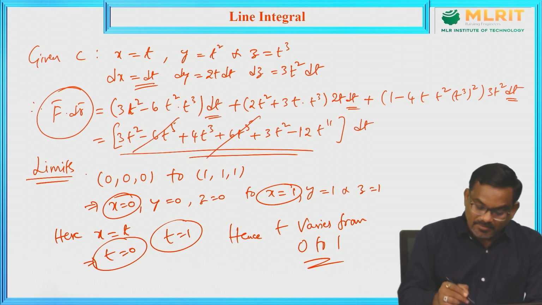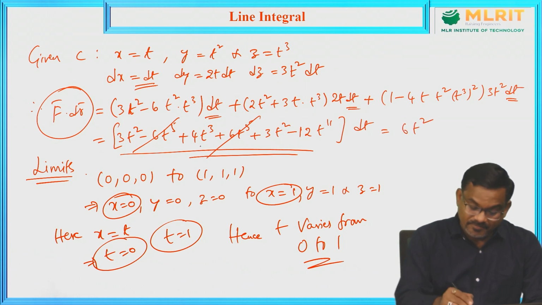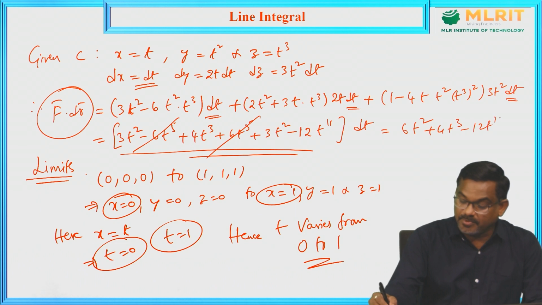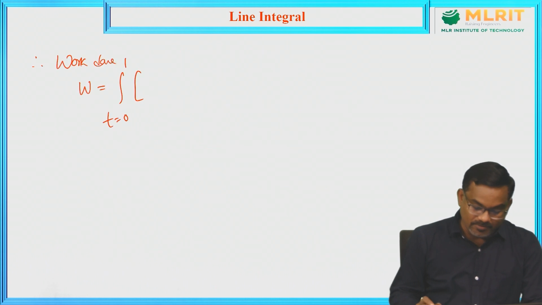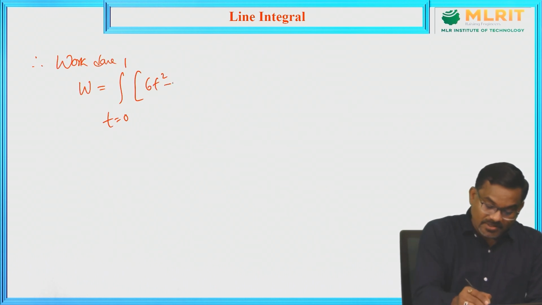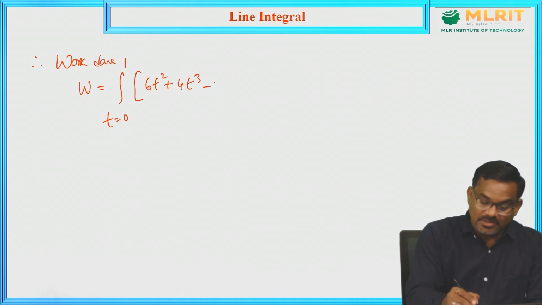We can simplify this also. Minus 6t^5 plus 6t^5 gets cancelled. So, 3t square plus 3t square, 6t square plus 4t cube minus 12t power 11 dt.